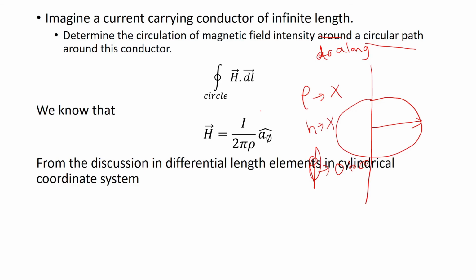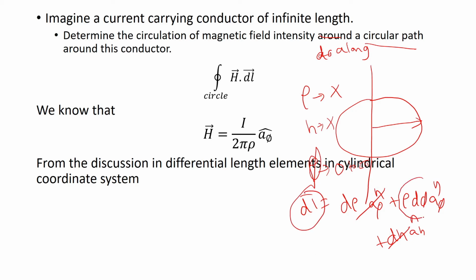And from the discussion of differential elements in the cylindrical coordinate system, dl bar is equal to d rho a rho cap plus rho d phi a phi cap plus dh ah cap. In that, dh is 0, d rho is 0, so dl bar is just rho d phi a phi cap.